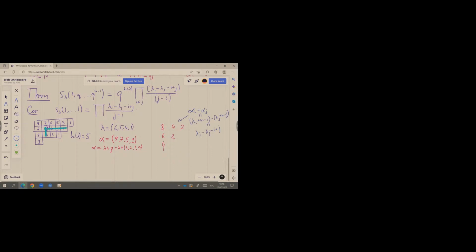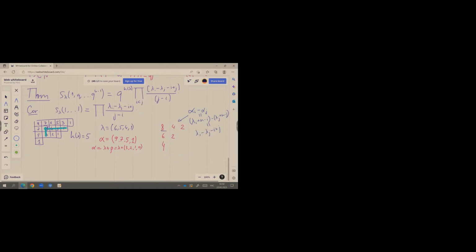Because there's no hook of length 2, because this box showed up and spoiled everything. In the next step, this box shows up, and that's why we don't have 4, and 4 is 9 minus 5. And then 5, 6, and 7 do appear, and 8 does not. Why is it so? Because 8 is 9 minus 1.